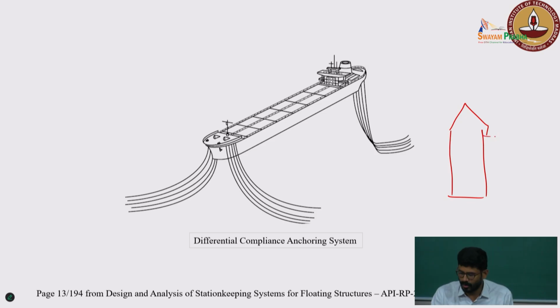For example, a lot of risers will run from one side, the other side will be empty, correct? So in such a case, I cannot go for a spread mooring, right? So in that case, I have to be a little biased, because all these risers will try to pull it down, or there will be a tilt happening to the vessel. So in such a case, I need to have a differential compliance. Wherein one side more number of mooring lines will be there, on the other side less number of moorings also will be there.